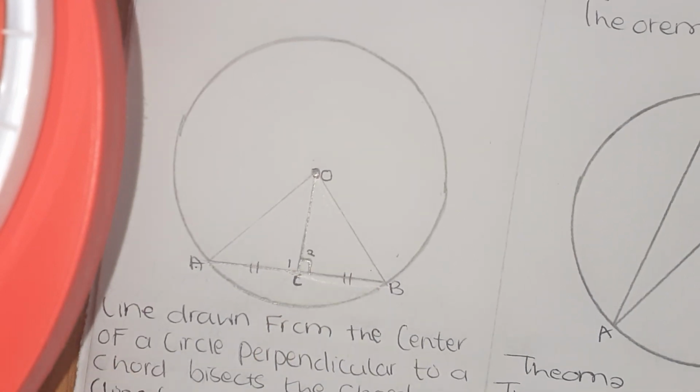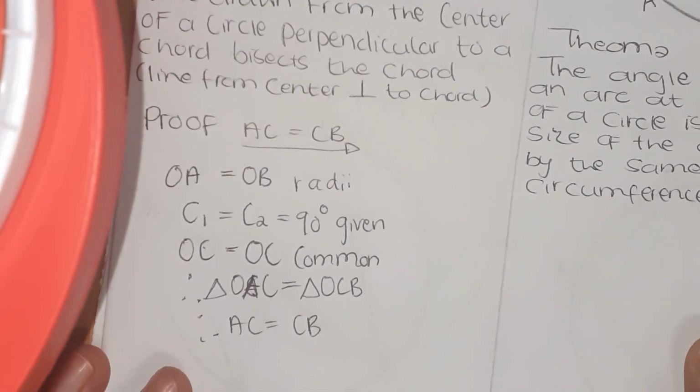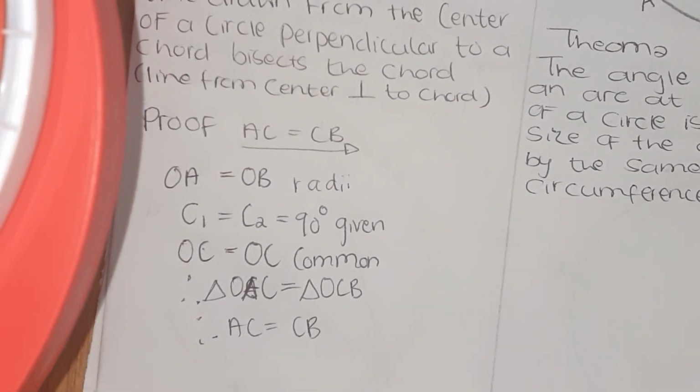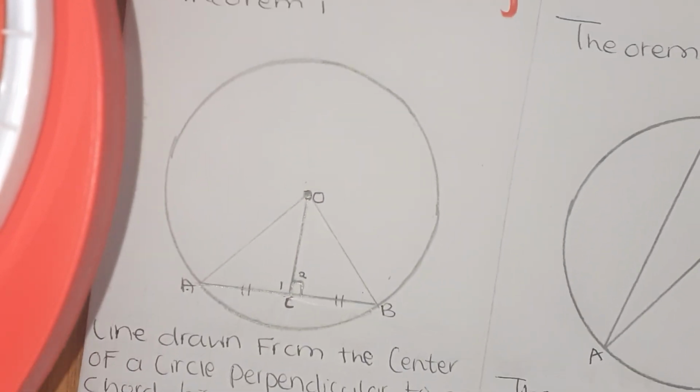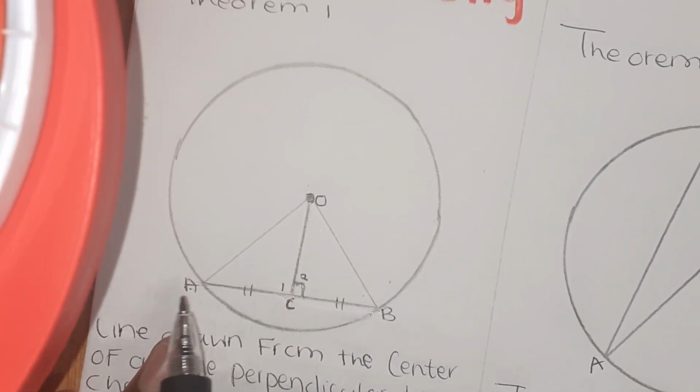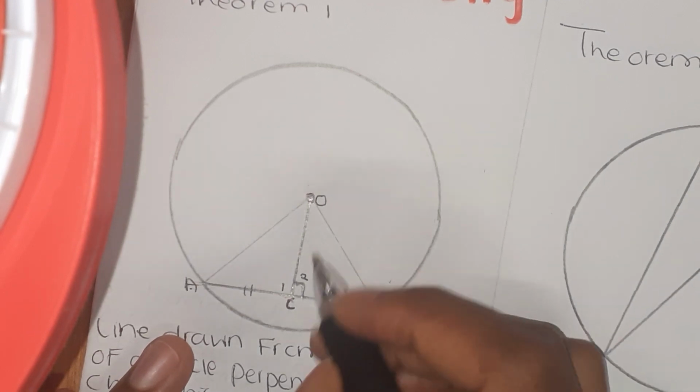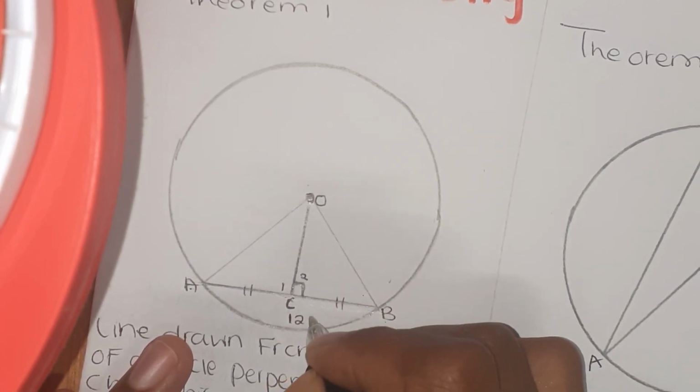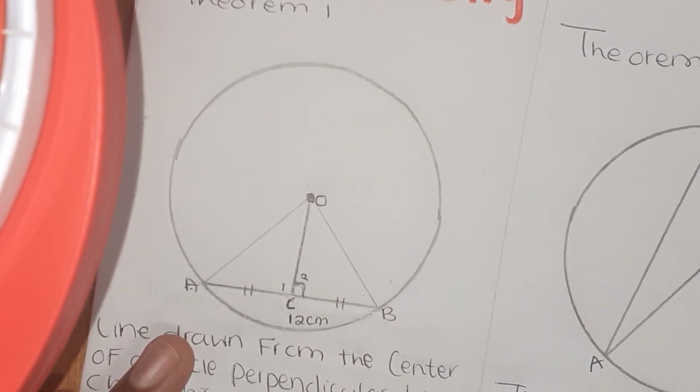We also used the radius and all that to indicate and prove our case. So I hope you guys understood this. I tried to make it as easy as possible for you guys to understand the question. So sometimes you may be given this question and told that AB equals 12 centimeters, right?